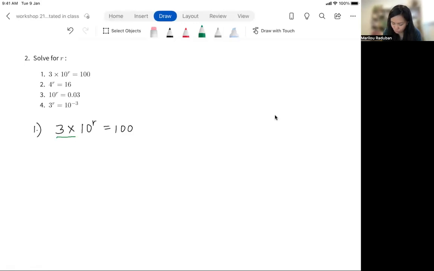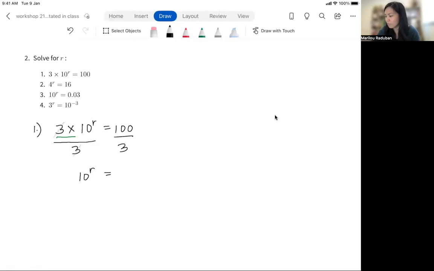You have a multiplication tying 3 to the base 10, so you need to do the inverse operation of the multiplication, which is division. You divide the left side by 3 to get rid of 3, but you also have to do that on the right side. 3 divided by 3 is equal to 1, which is equivalent to just canceling out the 3. So you have 10 exponent r on the left side, and 100 divided by 3 on the right side.